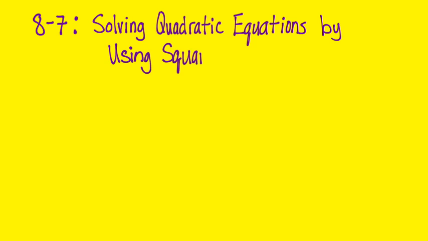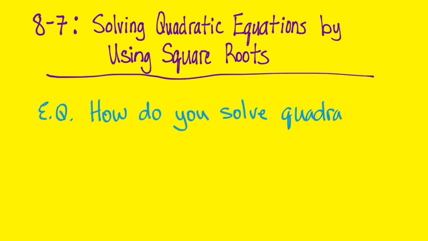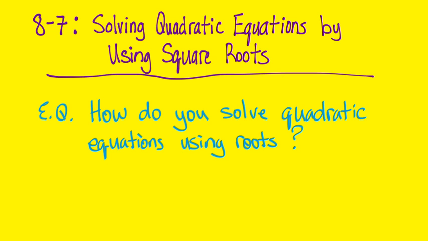So yesterday, or last time we met, we talked about solving for our x values when y is 0. We call this just solving for the x's or solving for the zeros when y is 0. Today we get to learn a little bit of a shortcut when we have square roots, right?